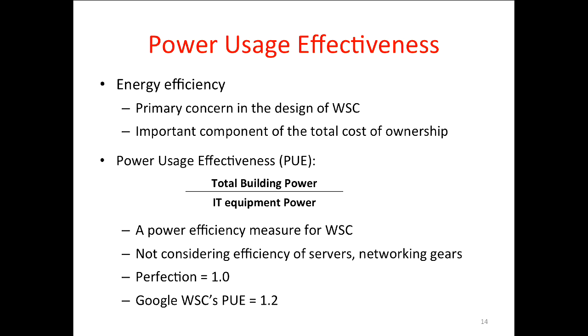To measure energy efficiency, we introduced a new metric called power usage effectiveness. It is defined as total building power over IT equipment power. This metric doesn't consider the efficiency of computing units, and if it's 1.0, then that is perfect. It turns out that the PUE of Google's warehouse scale computers is usually 1.2.